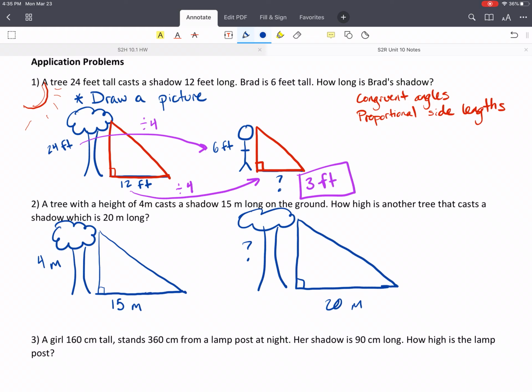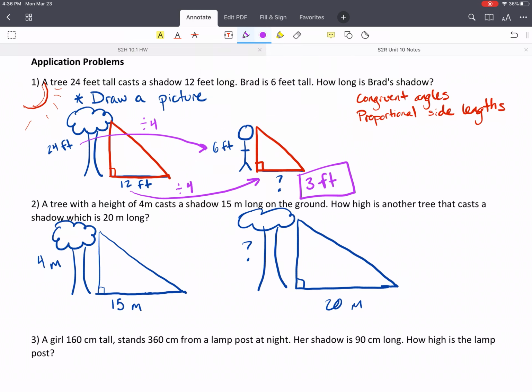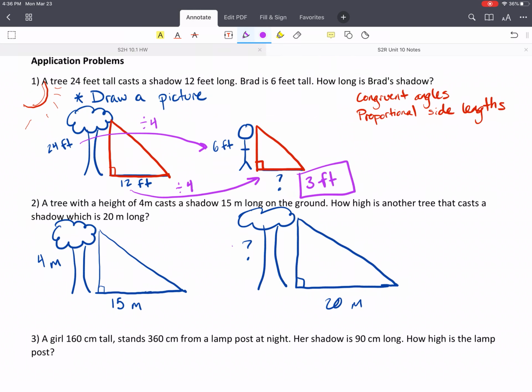Same deal. Except this time I don't see it quite as easily as I did with the divide by 4. So with this one, if I call this piece X, and if I don't know it off the top of my head, we can just set up that proportion. Remember, here are some corresponding sides. So I can go 4 over X equals 15 over 20.